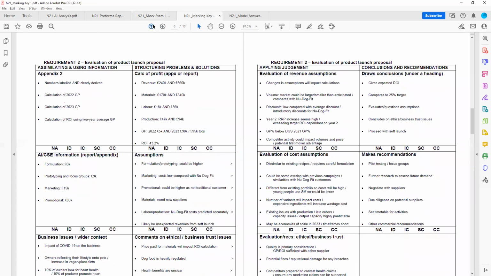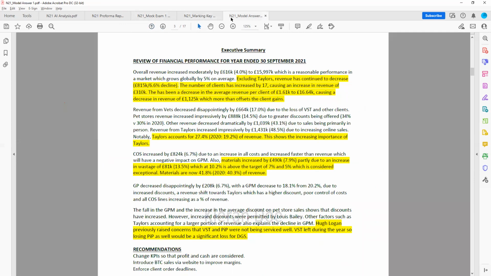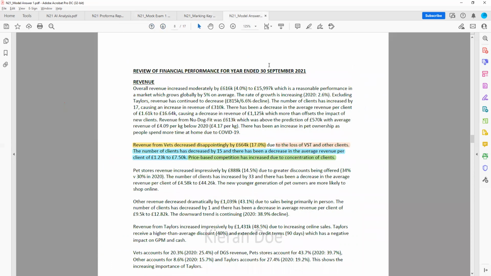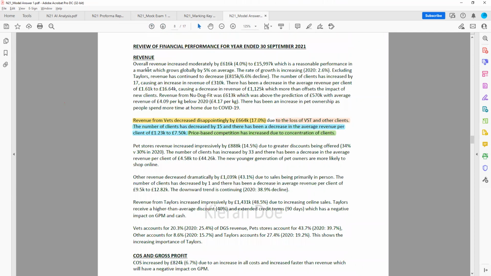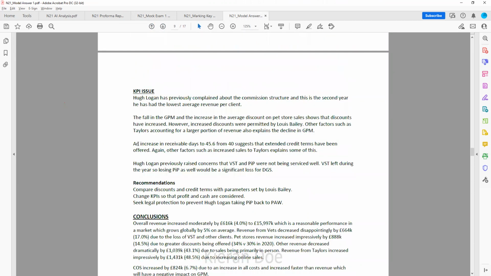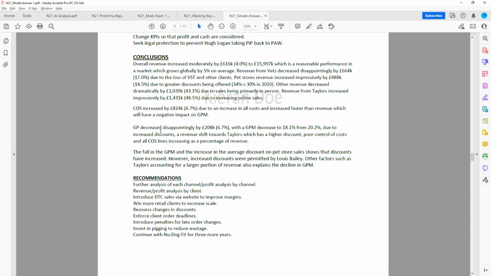If you think back to requirement 1, revenue, cost of sales, gross profit, and the one-off piece of analysis, in our answer you'd have your analysis of revenue overall by each channel, cost of sales, each line, gross profit, the KPI issue, several points on that. So when you need to conclude on each, you need to kind of summarize on it.